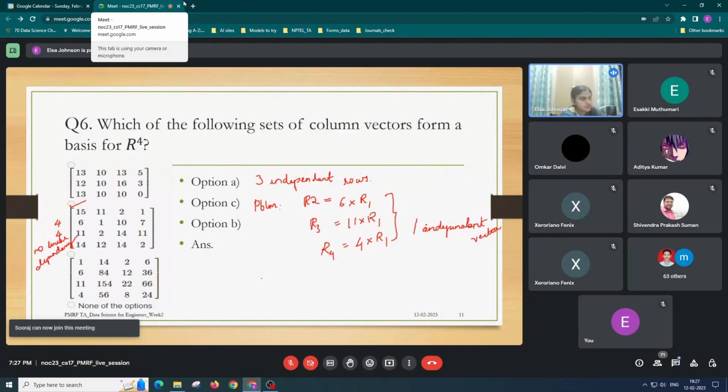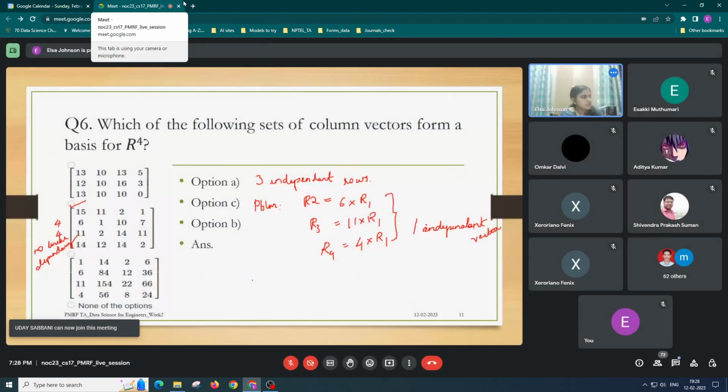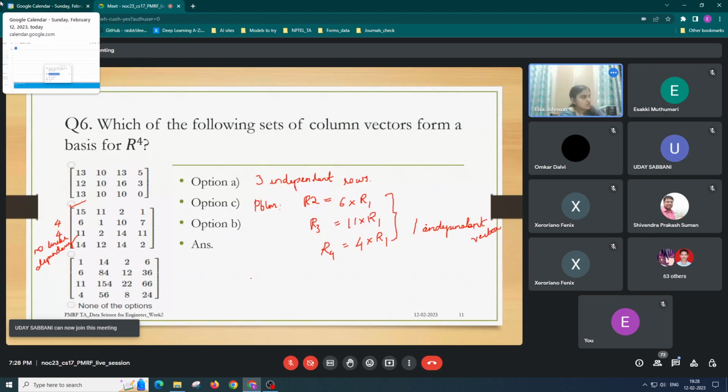Okay. Is this now clear, Phoenix? What is a basis and all? You can just go through it. I'll share some resources right now, you can click on that also and check. Why have many people put no? Can you tell me?